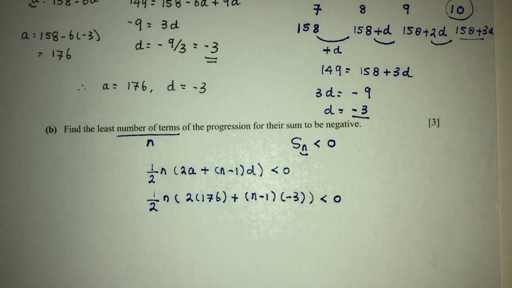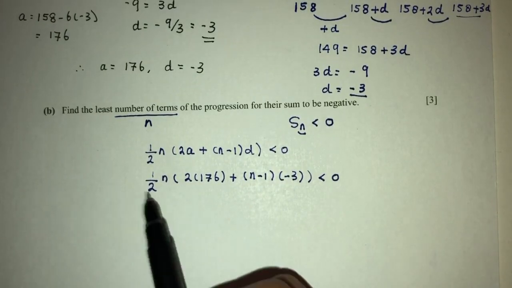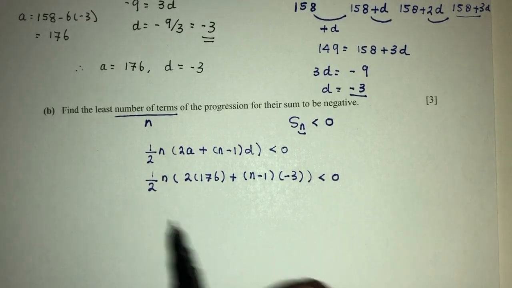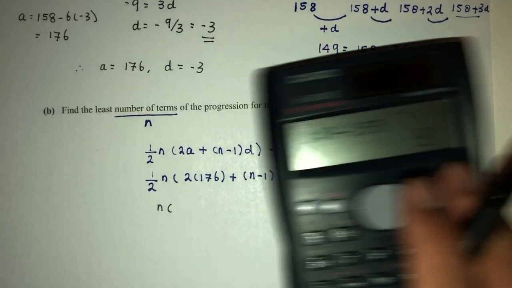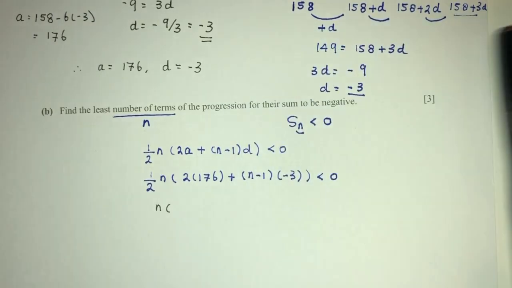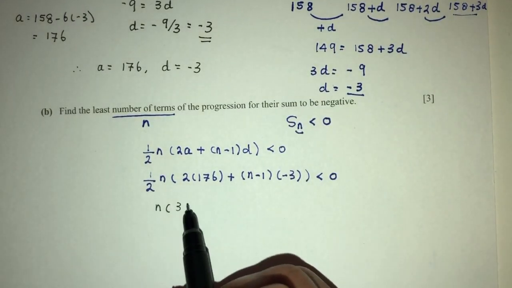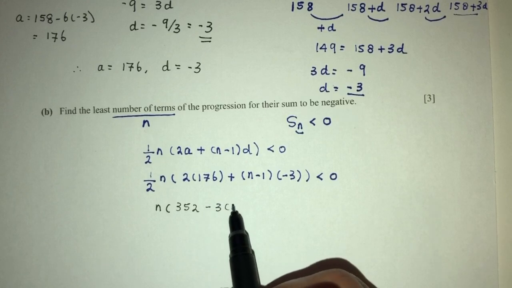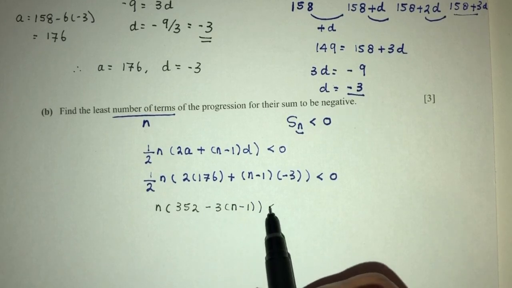So now we have to solve for the value of n. First thing, we can just multiply by 2 everywhere. We can eliminate this. You will have n times 2 times 176, that will be 352, minus 3 times n minus 1, less than 0.